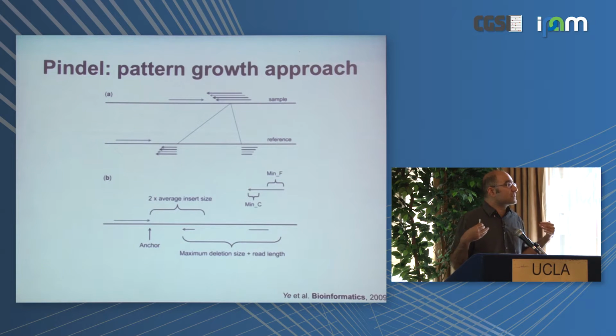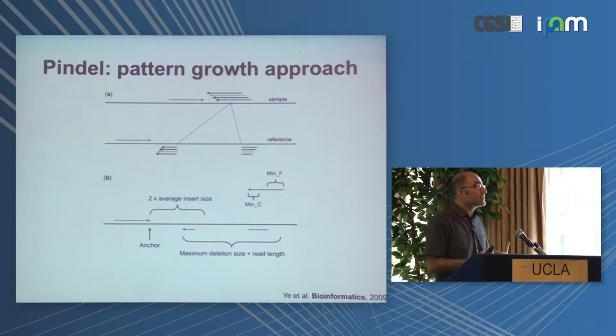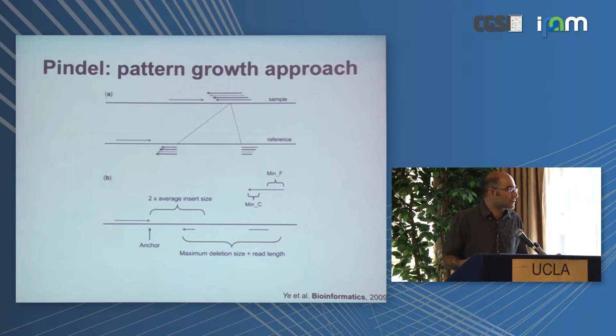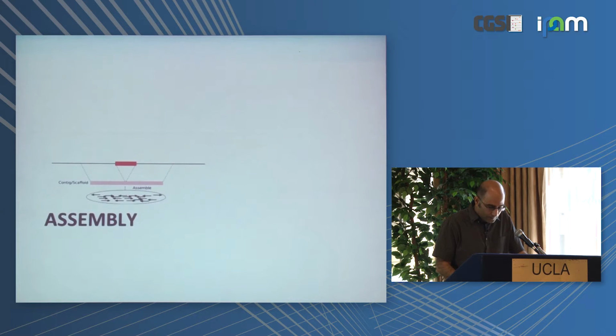So they say, let's look at only that minority of reads that have such a property, and then break that read such that one part of the broken read is close to the read that has been mapped, and the other part is some distance away. Based on this criterion, they can make Pindel much faster than if you had just tried to align a read by breaking it to any part in the genome.